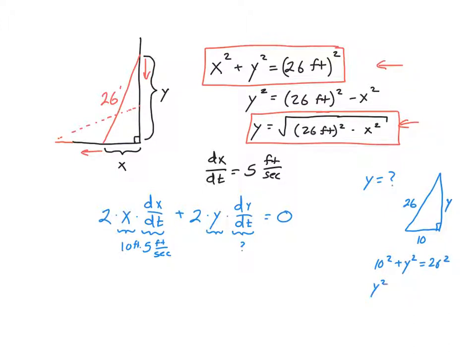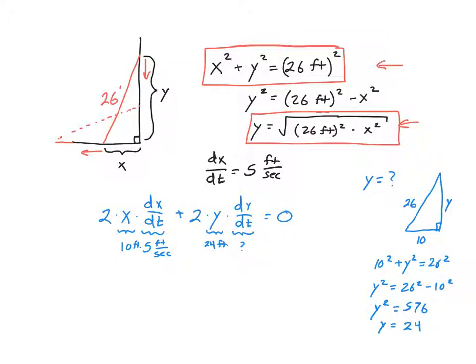So y squared is 26 squared minus 10 squared. And so y squared will be 576. And so y is the square root of that, which is 24. Okay, so now I know that my y is 24 feet at the point where x is 10 feet.